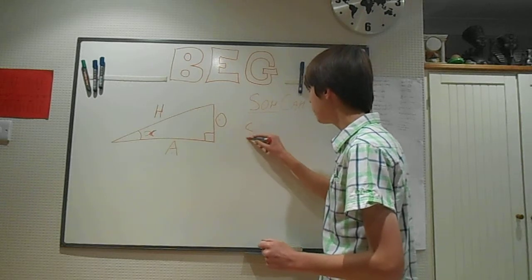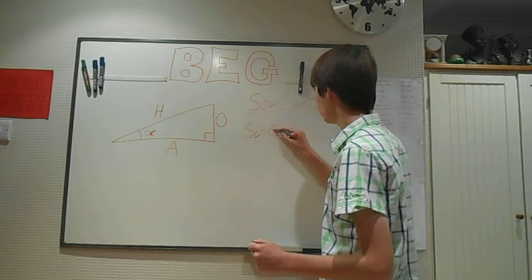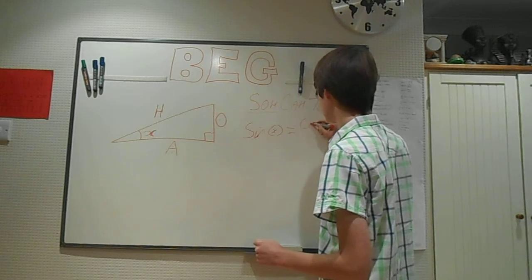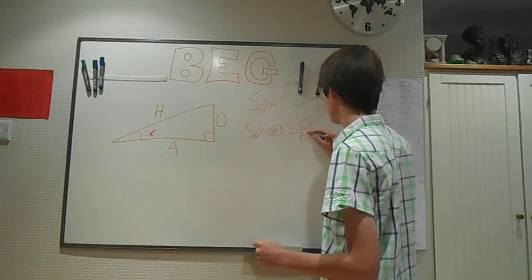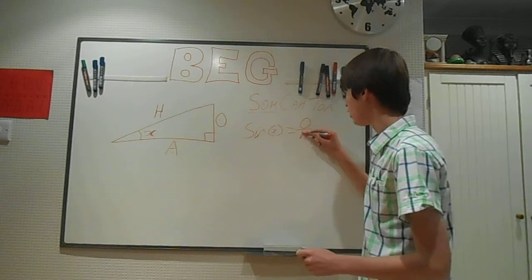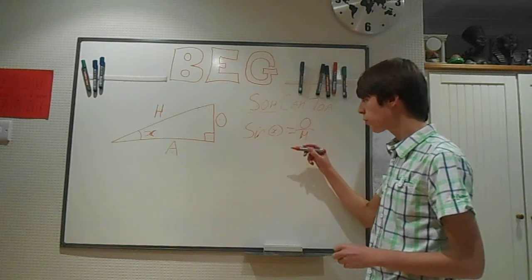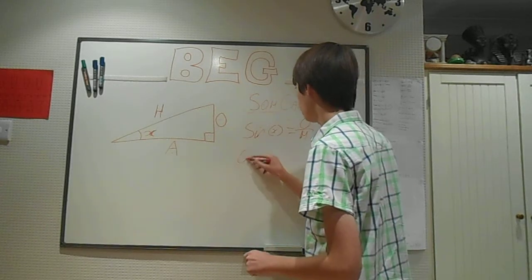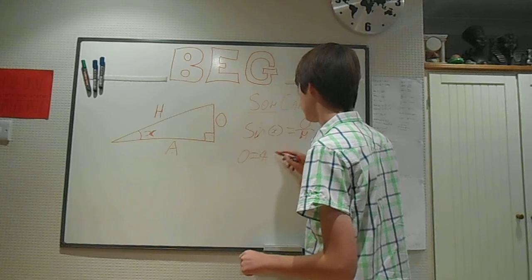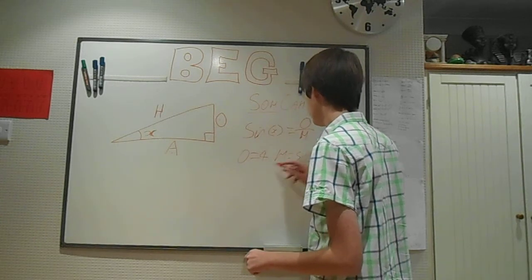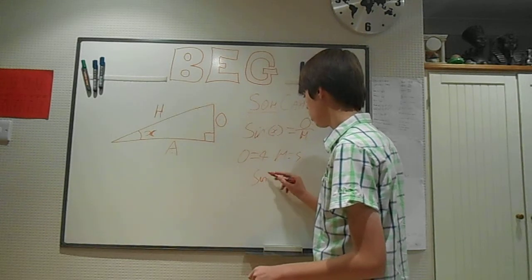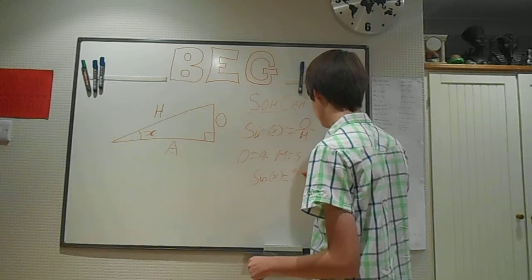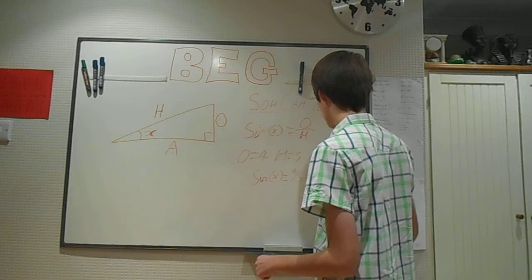So, let's start with the SO in SOHCAHTOA, S-O-H. So, the sine of x equals opposite over hypotenuse. Okay? That means that if we go back to our original example, O equals 4 and h equals 5, then the sine of x will equal 4 over 5, or 0.8.